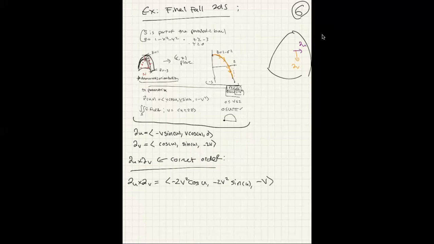After setting up the integral and taking the dot product, the integral becomes 0 to pi, and then 0 to 2, of negative 2v cubed minus 2v times 1 minus v squared dv du. I trust that all of you could probably do this integral on your own.